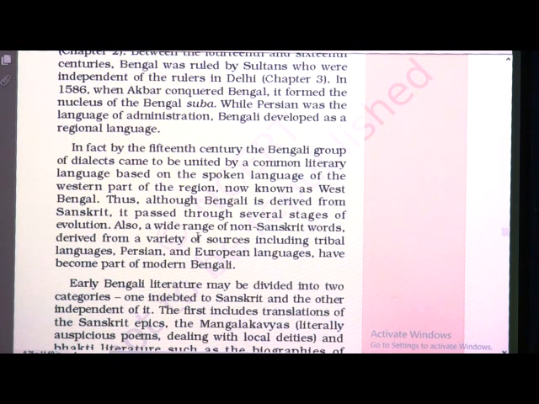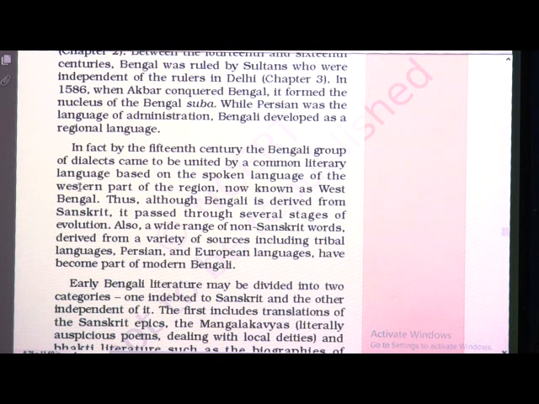Also, a wide range of non-Sanskrit words derived from a variety of sources, including tribal languages, Persian and European languages, have become part of modern Bengali.